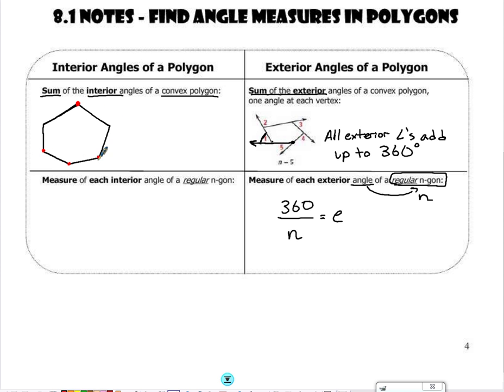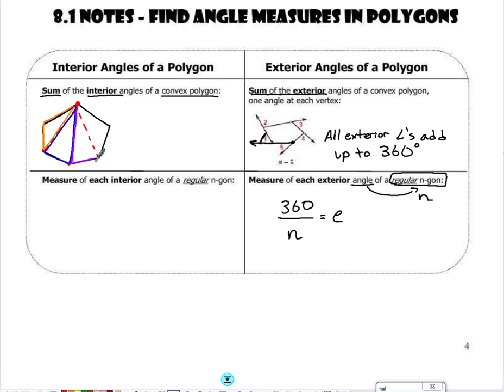When I draw those lines, that's a bad line there, let's fix that. When I draw those lines, what ends up being created is 3 smaller polygons that are all triangles. Actually, not 3.